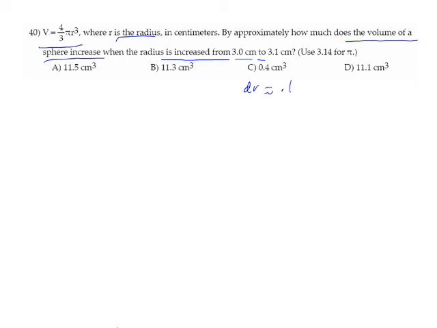With the volume equal to 4/3 pi r cubed, we can write that dV/dr is equal to 4 pi r squared.